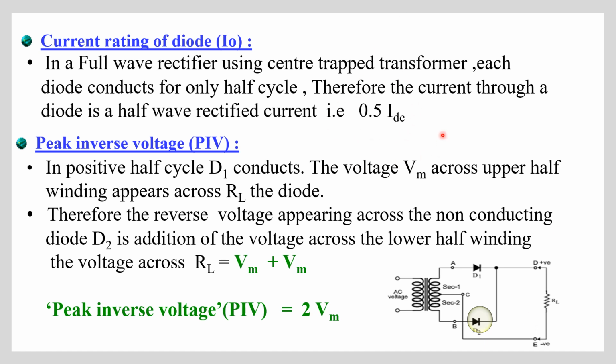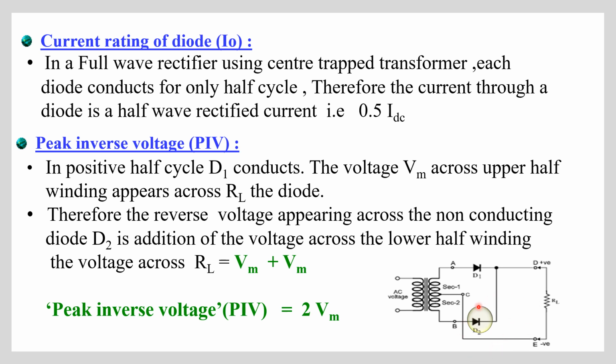So it is half the DC current. Now whenever we are designing the rectifier circuit, one parameter that always needs to be considered is the peak inverse voltage.